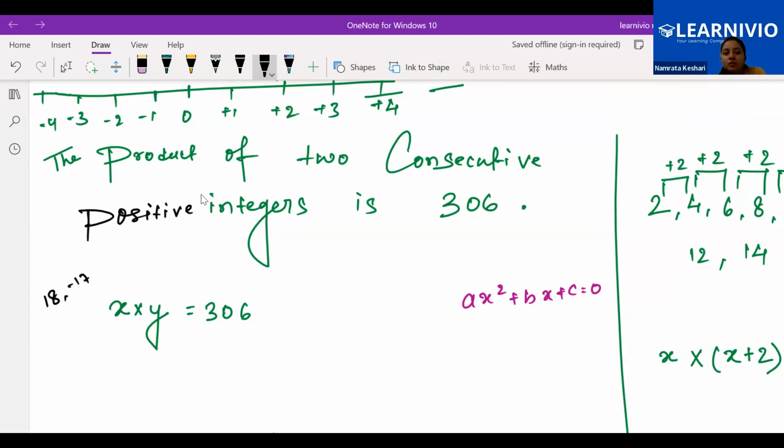Okay, so the question says the product of two consecutive integers. Let me check the question first, whether the word positive was there or not.